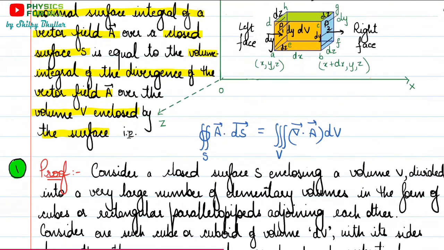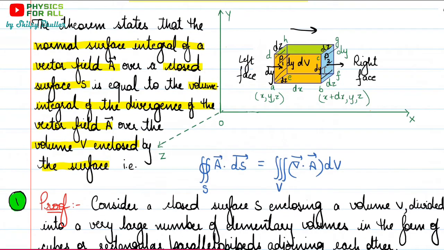Now through the right face, we know the flux is moving out. But through the left face, the flux is moving in. You can see we have drawn the arrows like this, showing the direction of the vector going from left face to right face. So here, it is the inward flux and not the outward flux. For the right face, it is the outward flux because it is moving out of this cuboid. But for the left face, the flux that we have written is the incoming flux.